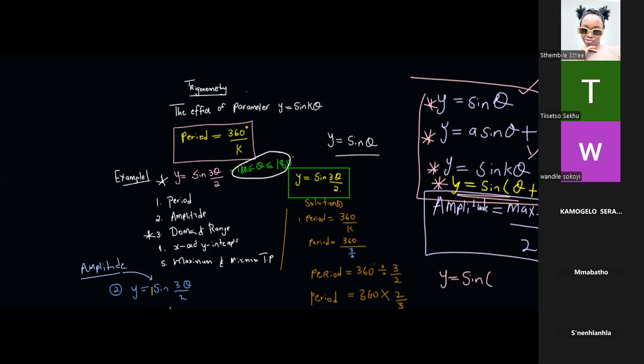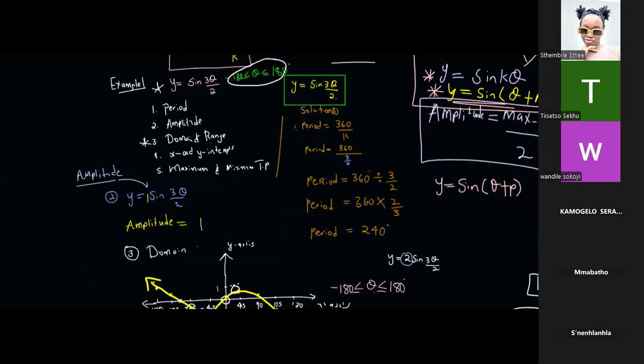If they give you y equals the sine of x plus 45 degrees, when they say x plus 45 degrees, in reality this graph is shifted 45 units to the left. So the concept is, if it's plus 45, we shift it 45 units to the left. If it's minus 45, we shift it 45 units to the right.